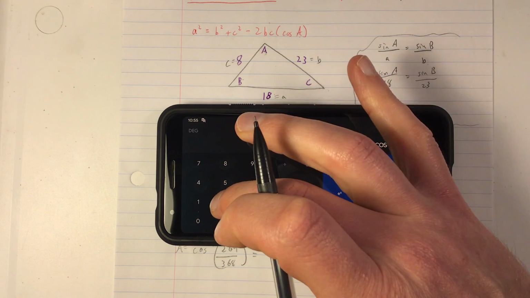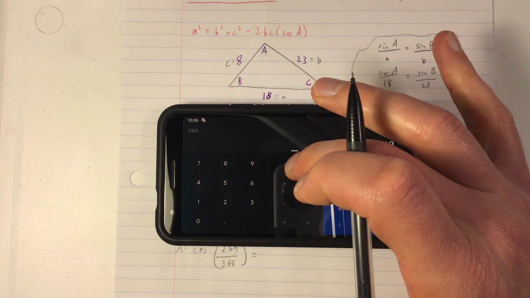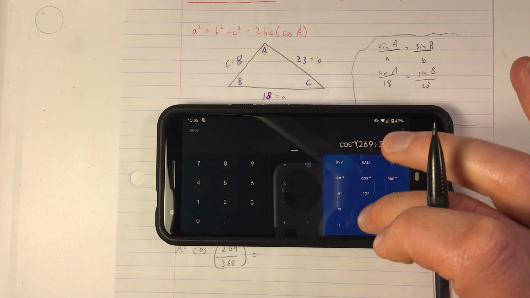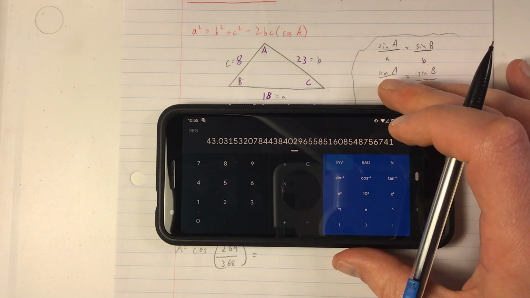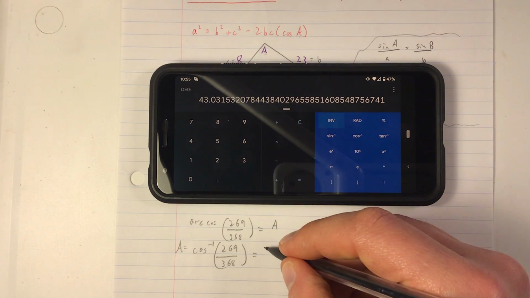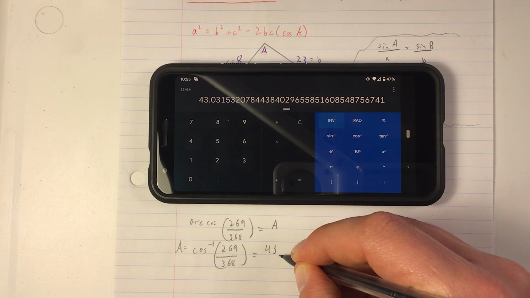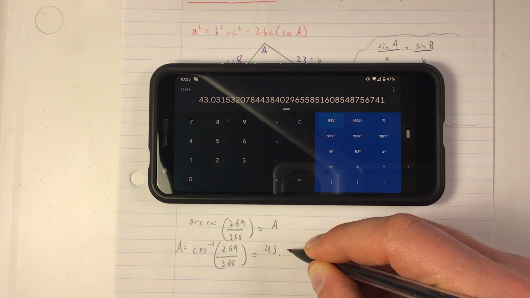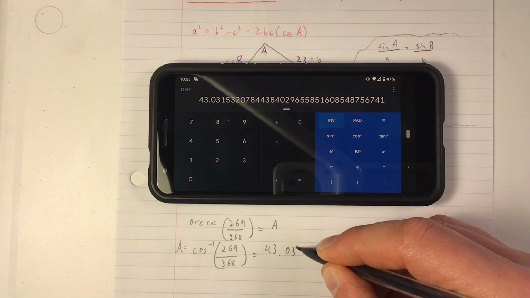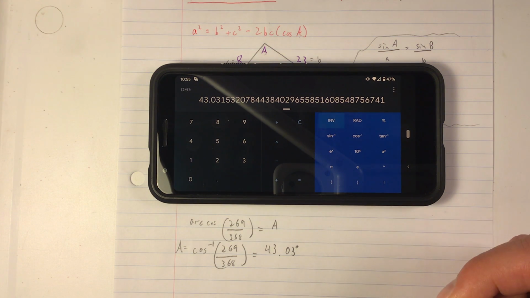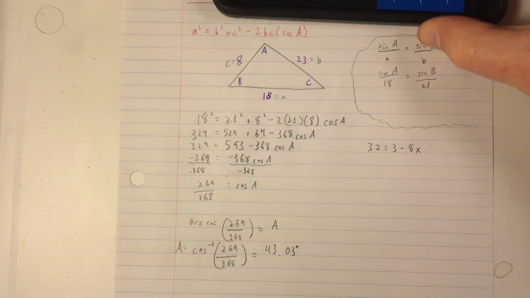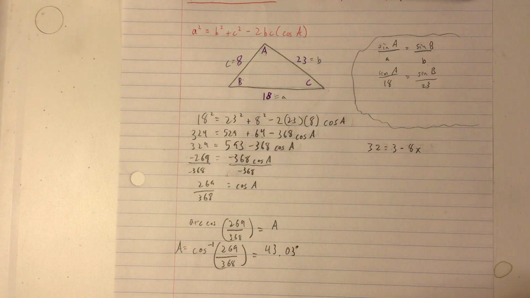The arc cosine of 269 divided by 368. Close those parentheses, hit equals, 43.03 degrees. There we go.